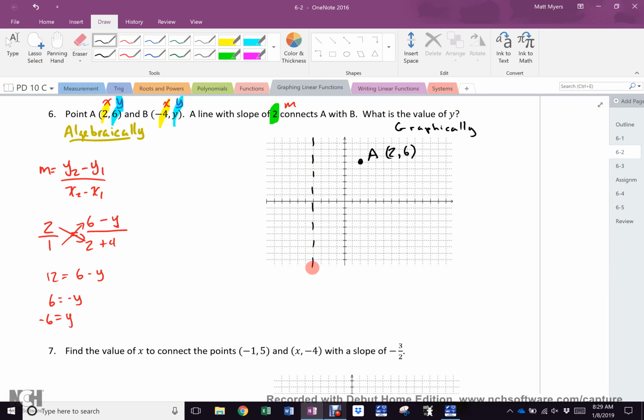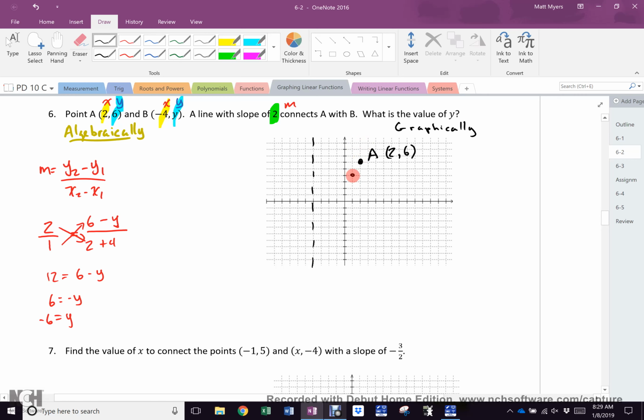It's got a slope of 2, correct? So that means my rise and run have to be 2 over 1, right? Should I go to the right or to the left of point A? To the left, because I have to get over to negative, right? So that means I can't go up 2 and right 1. I must go down 2 and left 1.